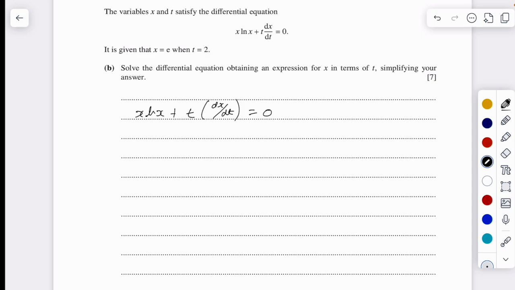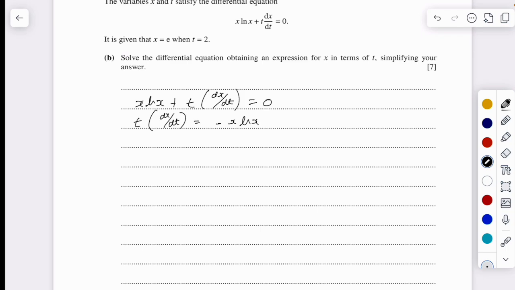We can then say t dx/dt is going to equal minus x ln x, which therefore means that dx/dt is equal to negative x ln x over t.